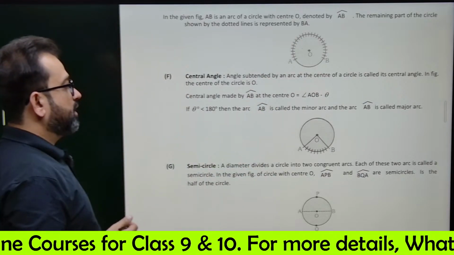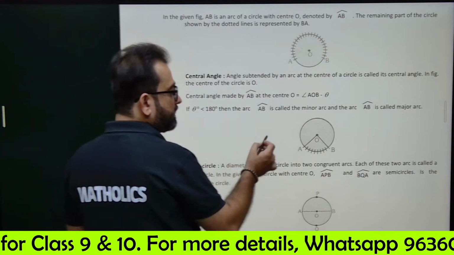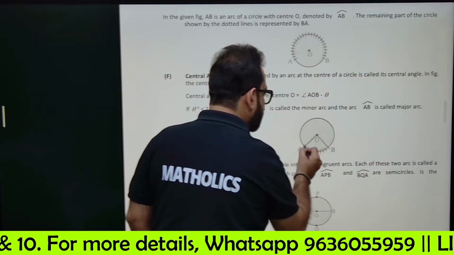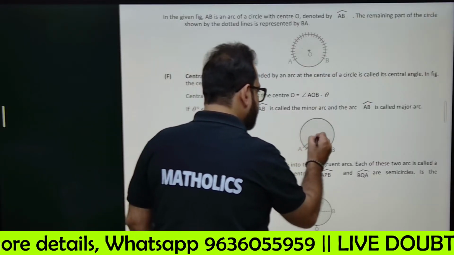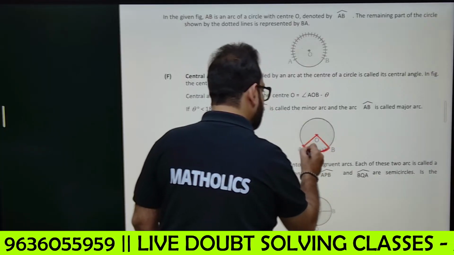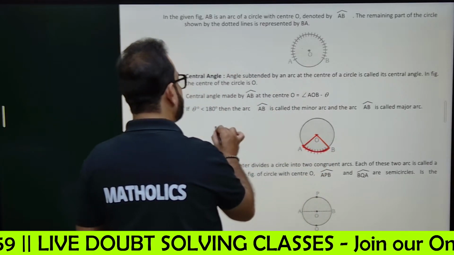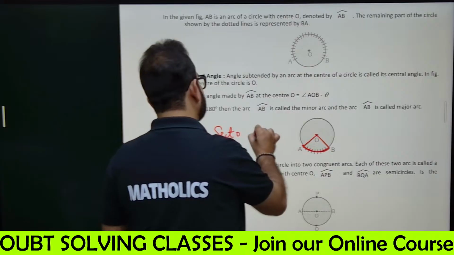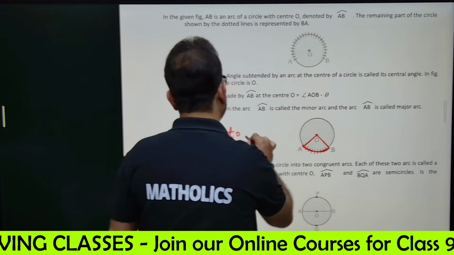See, what is this part called? If from the center you draw like this figure and you join this figure to this, this figure is called a sector. This figure is called a sector of the circle.